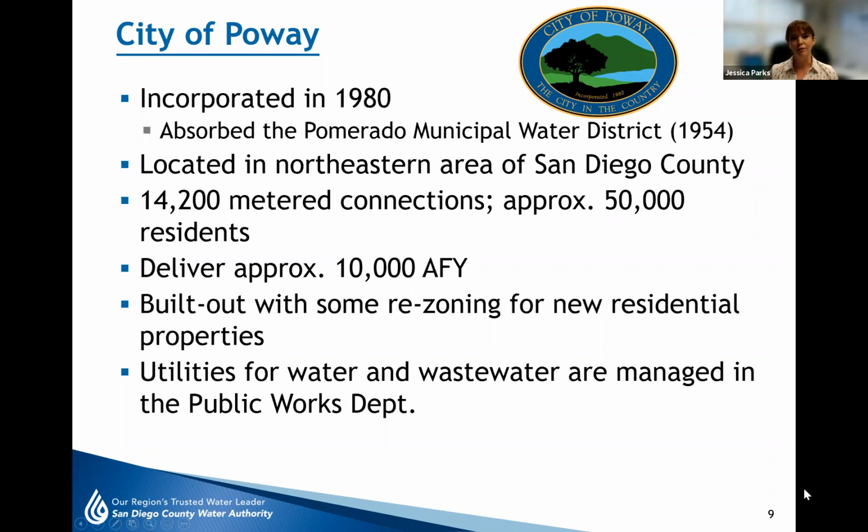We're built out with some rezoning for new residential properties, but when I say we're built out, it's that we have a lot of dedicated open space around us that will not be built upon. So the areas that we can build on are pretty much built out. The utilities department, unlike other water agencies, is under the Public Works Department and managed over in that area. Next slide.